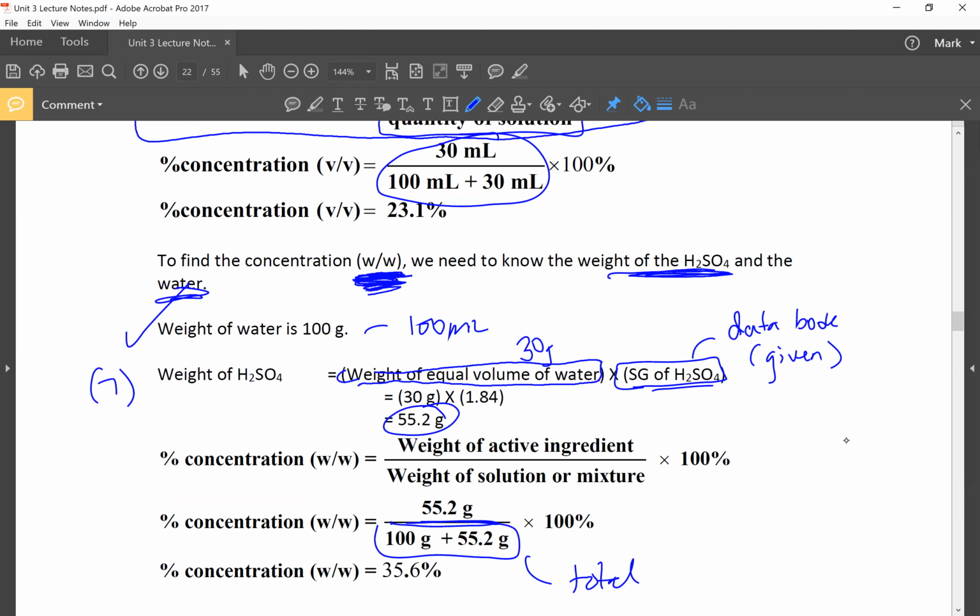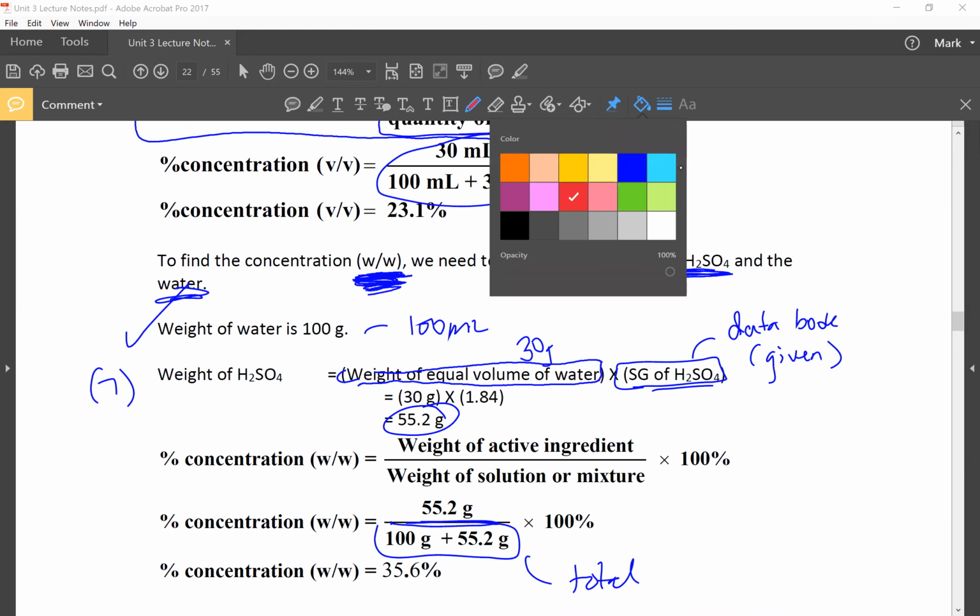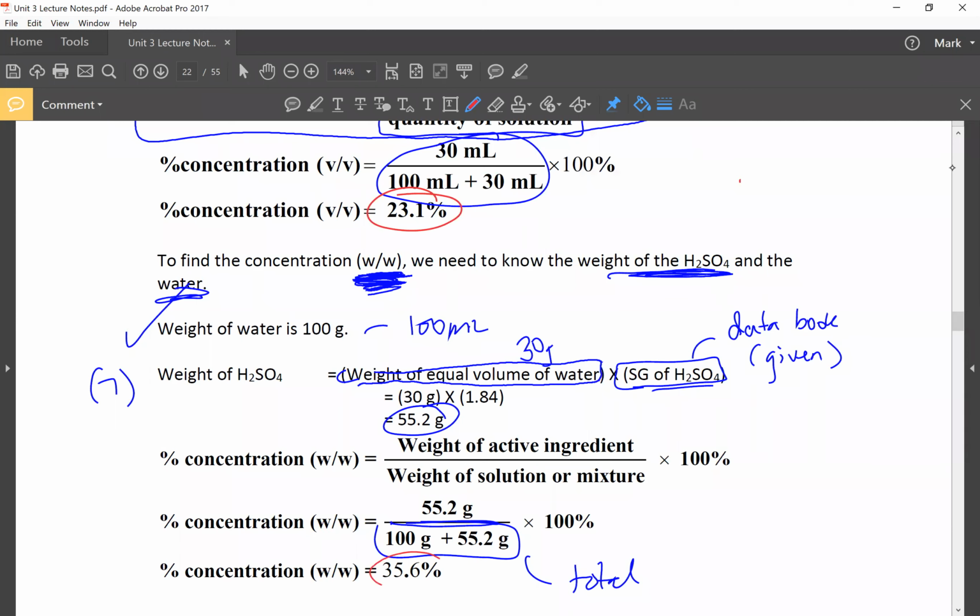Now you'll notice, guys, my numbers, let me use a different color, they're not the same number. And this is really important, because if you were going to make the recipe using volumes, you would use something like a graduated cylinder or a measuring cup.